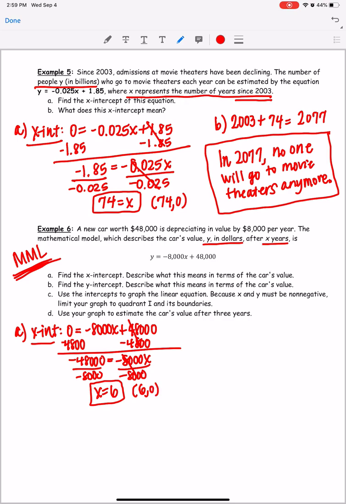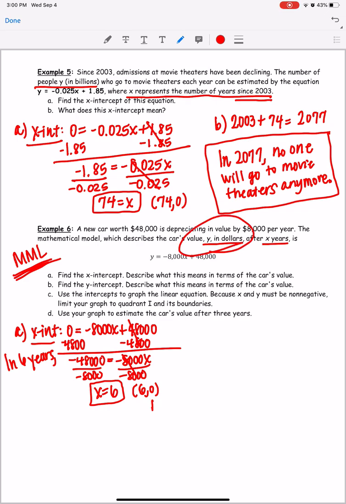And so what does this mean? What does x represent? X is years. I'm going to run out of room on this one, so I'll go over here. In 6 years, what does this represent?